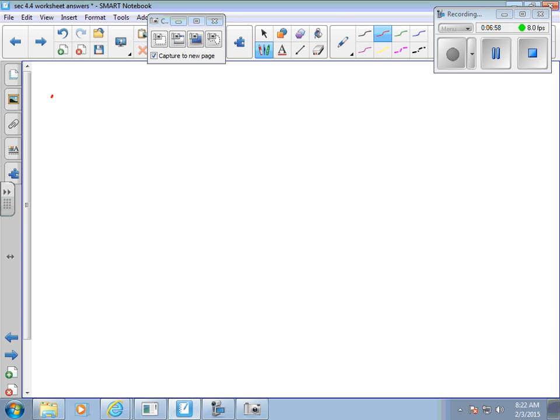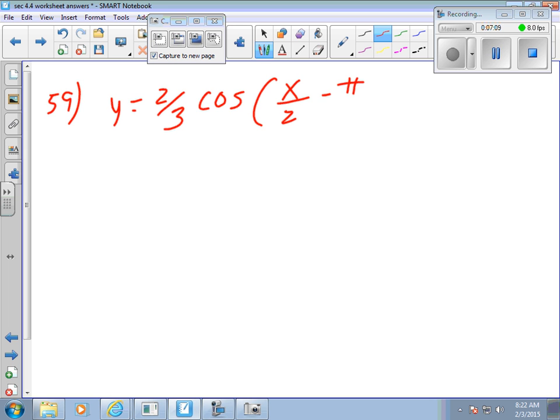59. 59 says y equals 2/3 the cosine of x over 2 minus pi over 4. Now this one is not given to us in standard form. Notice that the x is not by itself, so we need to put it in standard form.